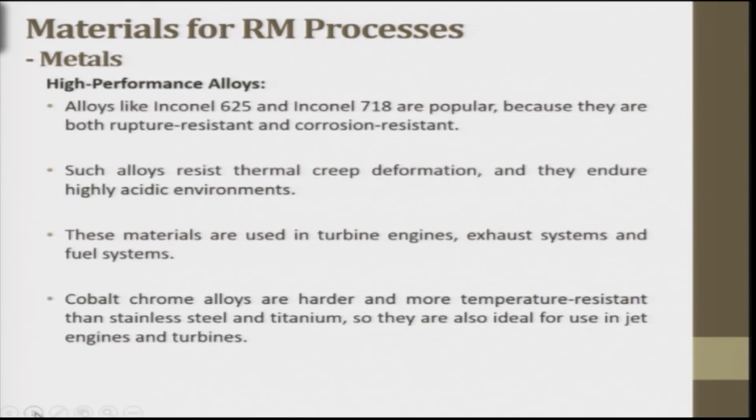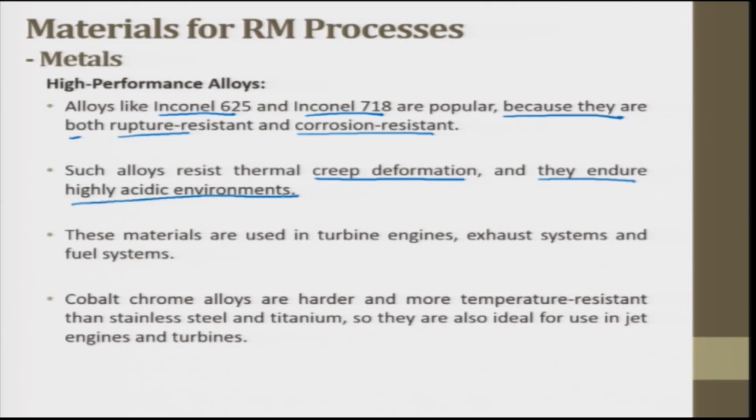Next is high performance alloys. High performance alloys like Inconel 625 and Inconel 718 are popular because they are both rupture resistant and corrosion resistant. Such alloys resist thermal creep deformation and they endure highly acidic environments.